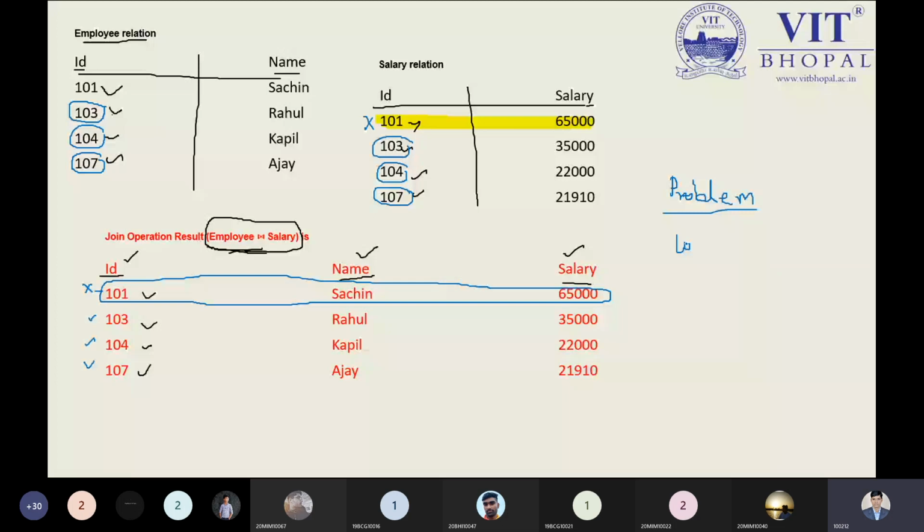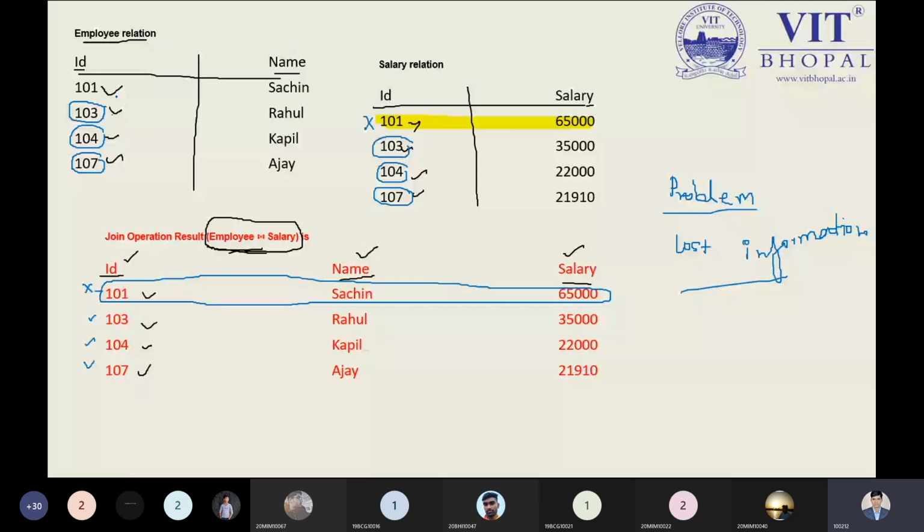If I ask this question in the examination, to explain the drawback of the natural join, you have to explain with any kind of example and tell where we are losing the information. 101 is a part of one relation but not of the other. After joining, this information should exist, but we are losing it, and this is a drawback. That was my point. Clear? To overcome this problem, we have the outer join. We will see this problem inside the outer join. Now it is clear: what is the drawback in the natural join?